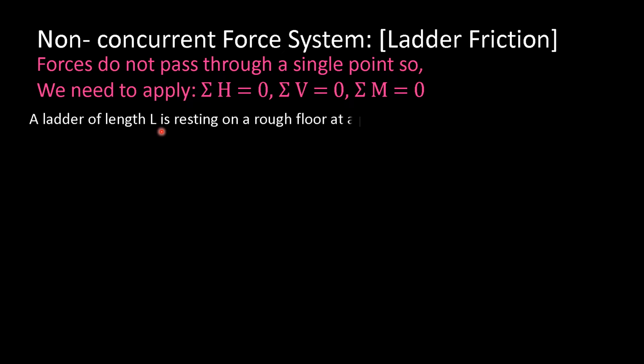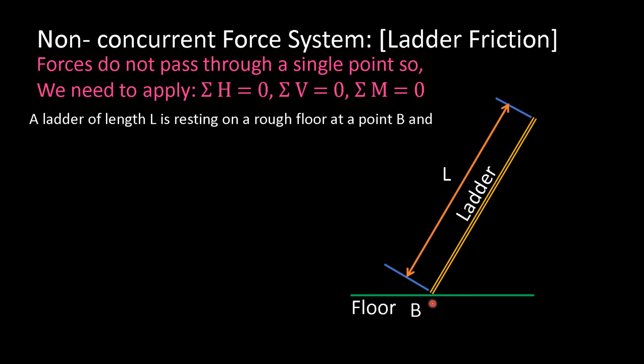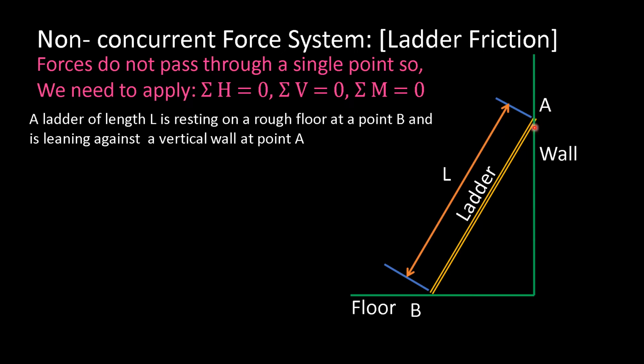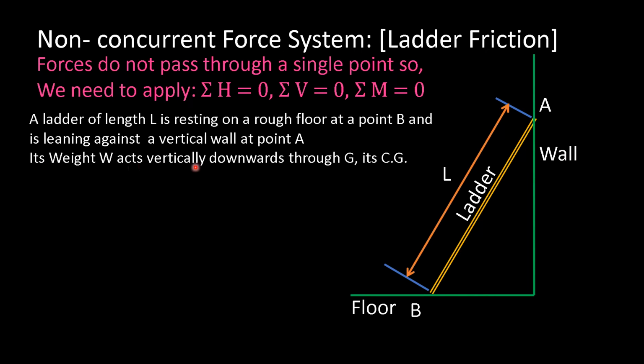A ladder of length L is resting on a rough floor at a point B. It is leaning against a vertical wall at point A. Its weight W acts vertically downwards through G, which is its center of gravity.